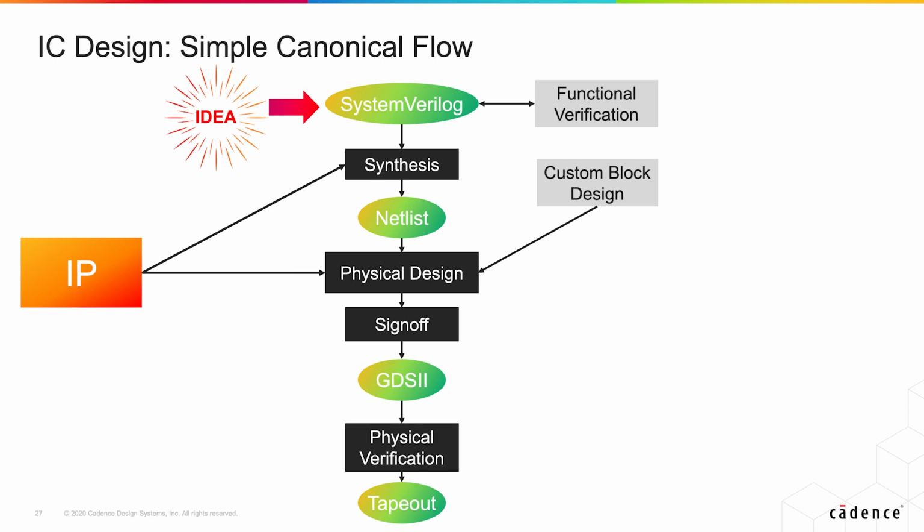We then take that, and through a process called synthesis, we automatically turn that into a design using little blocks of IP known as standard cells, little blocks of silicon called standard cells. Then we take that netlist and run it through a process called physical design that basically builds the entire chip.